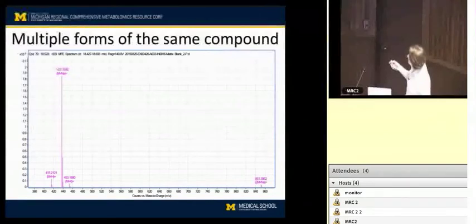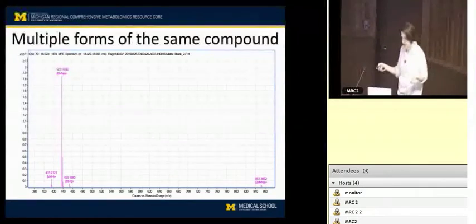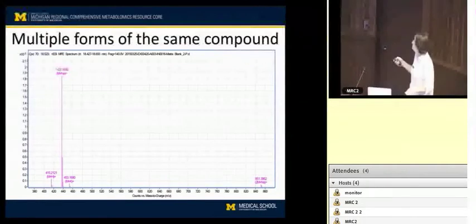This particular metabolite really likes to pick up sodium, so the sodiated form is the most intense. Here, a smaller percentage of it picks up potassium. And then down here, you can get dimers of it, so you get two of these connected together with the sodium.